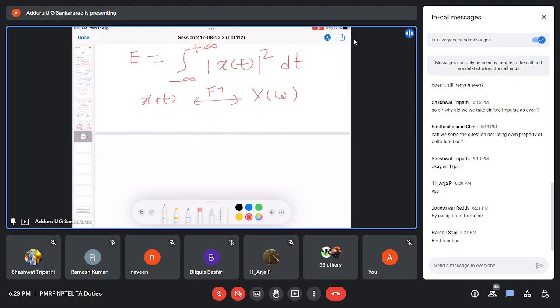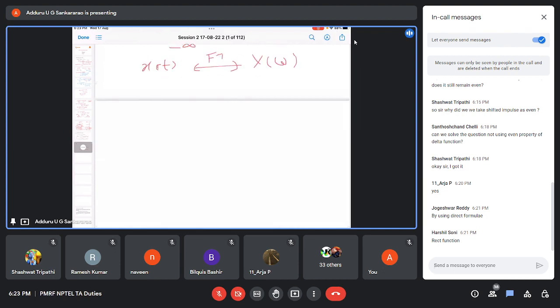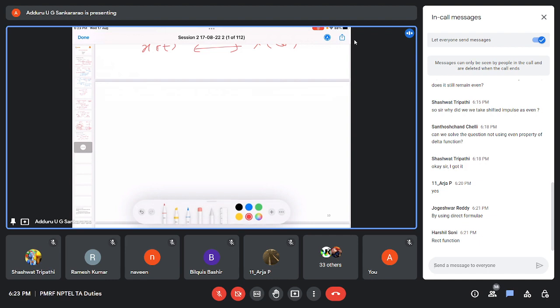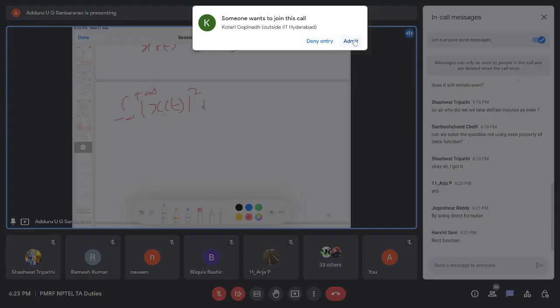That is Parseval's theorem. So the integral from minus infinity to infinity of x of t whole square dt equals 1 by 2 pi times the integral from minus infinity to infinity of mod x of omega square d omega.